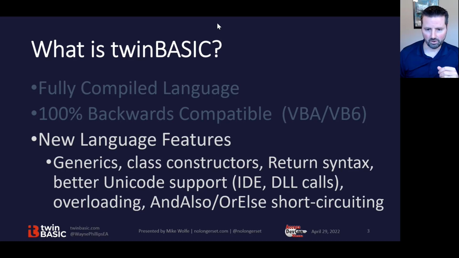The other thing I want to really point out is that, with this being a fully compiled language, there is no runtime dependency. Even VB6, which had a very small runtime dependency in the DLL, the twinBASIC executables do not require any kind of runtime, and that is one huge advantage over something like a .NET program where you've got a several hundred megabyte runtime dependency in order to be able to run anything.